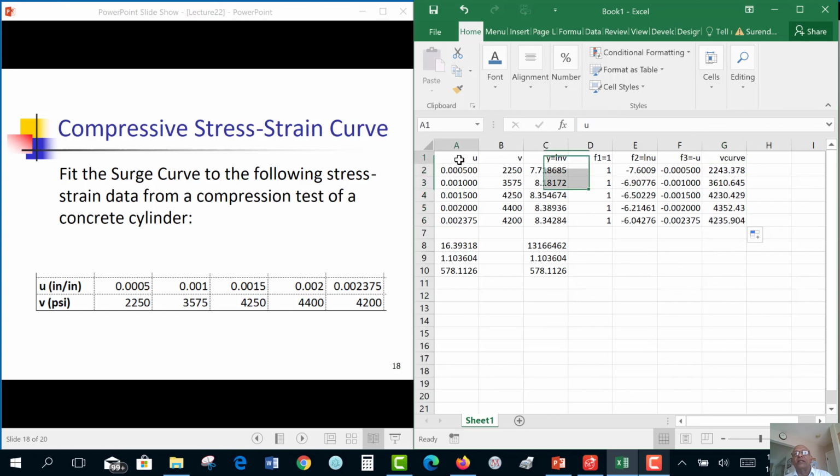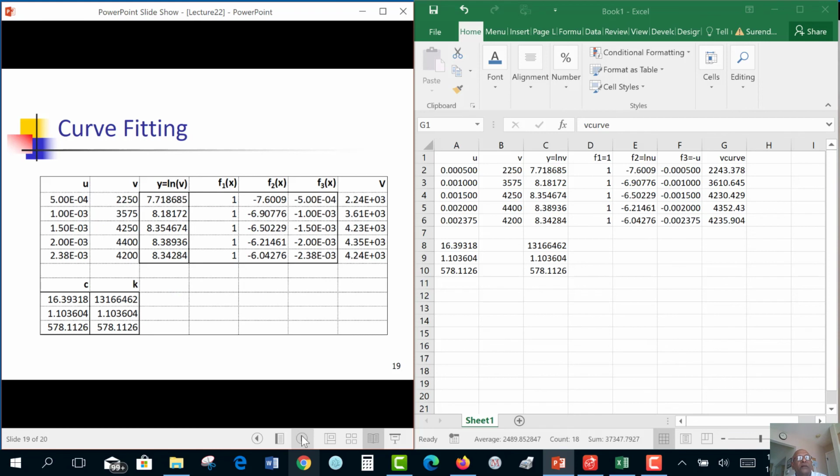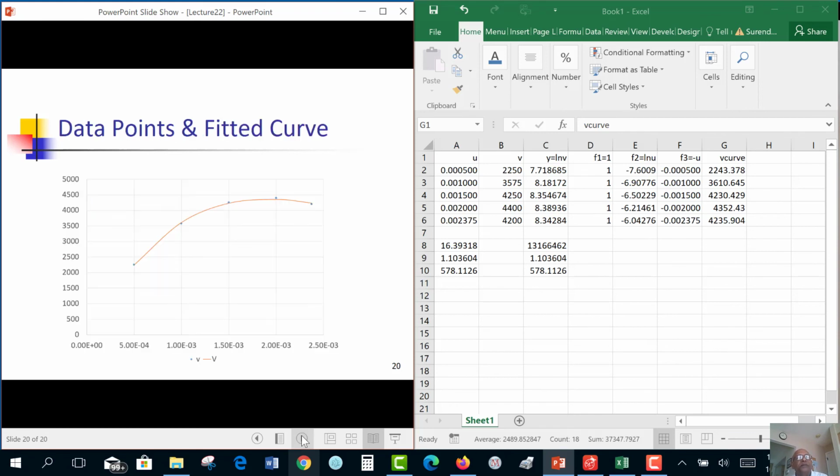And now we can plot these U, V, and V curve. Okay, so let's see what we'll see. So this is what I have done, and this is our curve fit. So notice, beautiful curve fit of compressive stress strain curve.